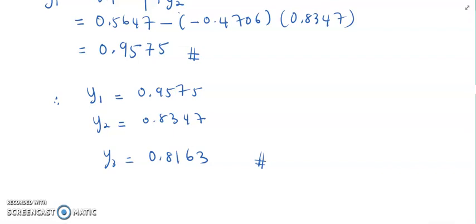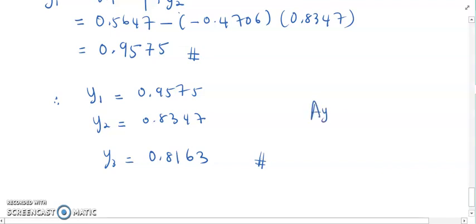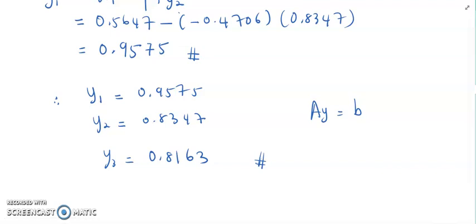Let me remind you once again, to solve the AY equals B system, it is not necessary for you to use Thomas algorithm. You may also use other methods. You may also use the iterative method of finding the Y values. You can use Gauss-Seidel or the Jacobi method. But it is much easier if you use Thomas algorithm, because you just plug in the values into the formula and the formulas will be given to you.